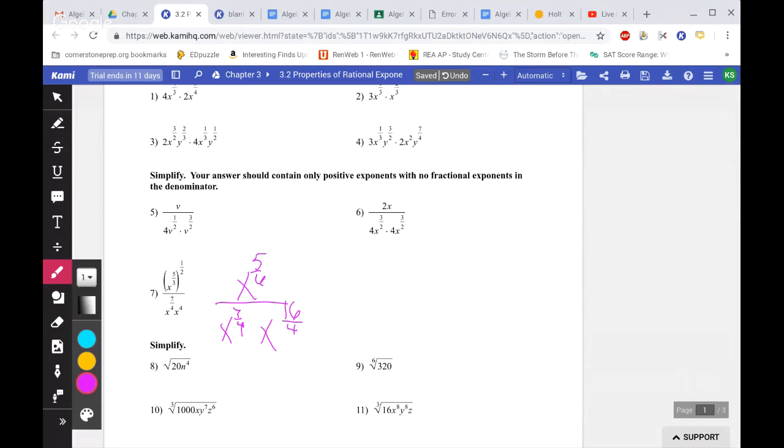So that 16/4 is the same as x to the 4th. Now we have x to the 5/6 in the numerator. At the bottom, we're going to add 7 plus 16, which is 23. So at the bottom, we have 23 over 4.